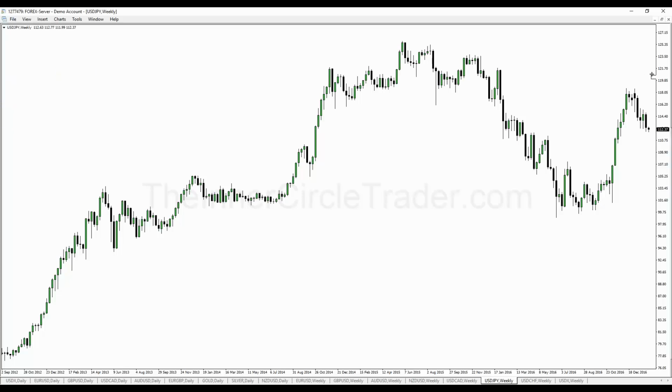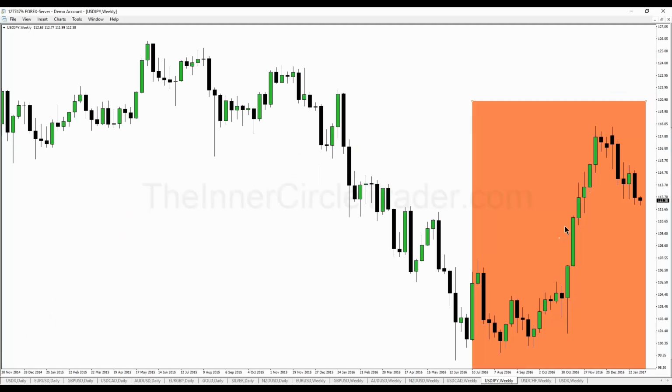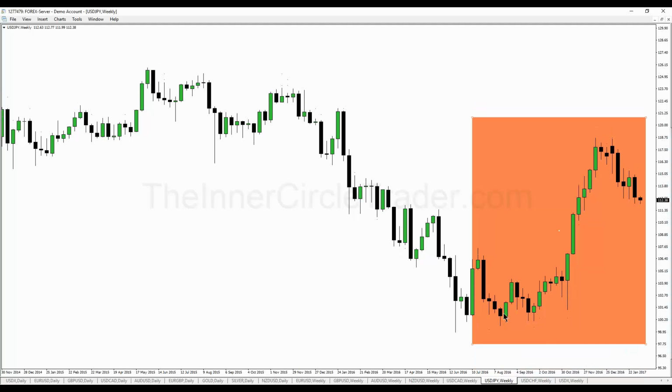Okay, in the last 3 to 6 months, has the yen versus the dollar, has this pair been in a consolidation, reversal, or is it in a trending environment?